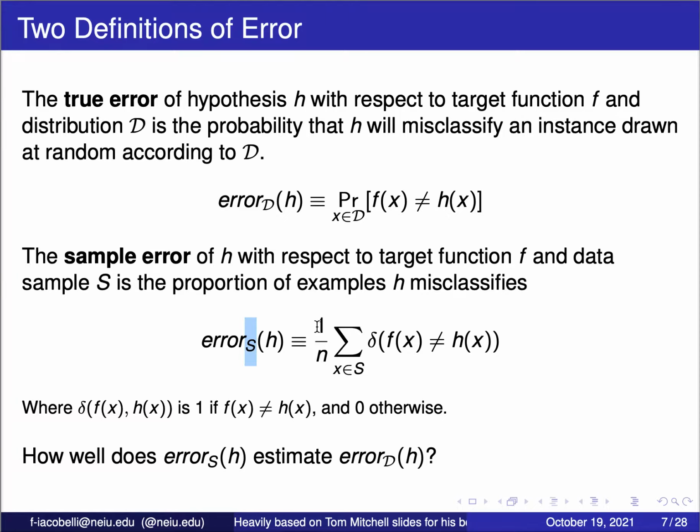And what I do is I take the average of what the doctor says and what my learner says. If they're different, I will put a 1. If they're equal, I will put a 0. Therefore, this is the average of all the cases that are different divided by the number of total cases.